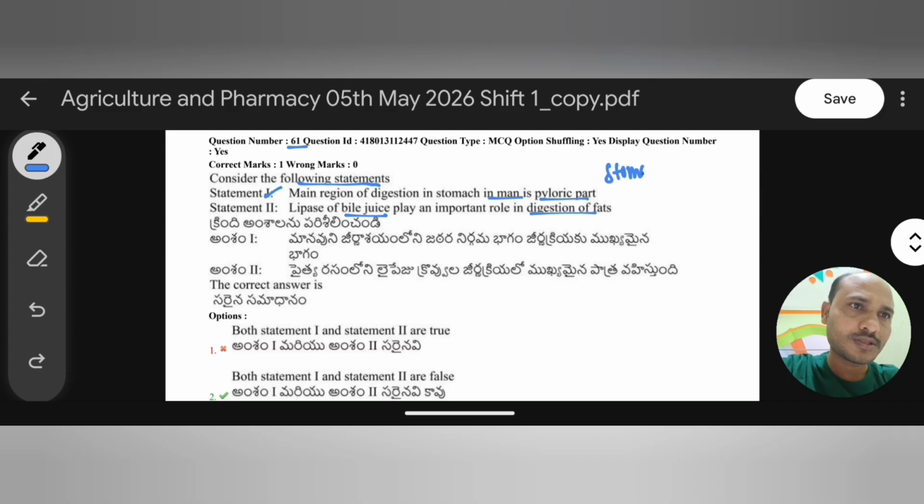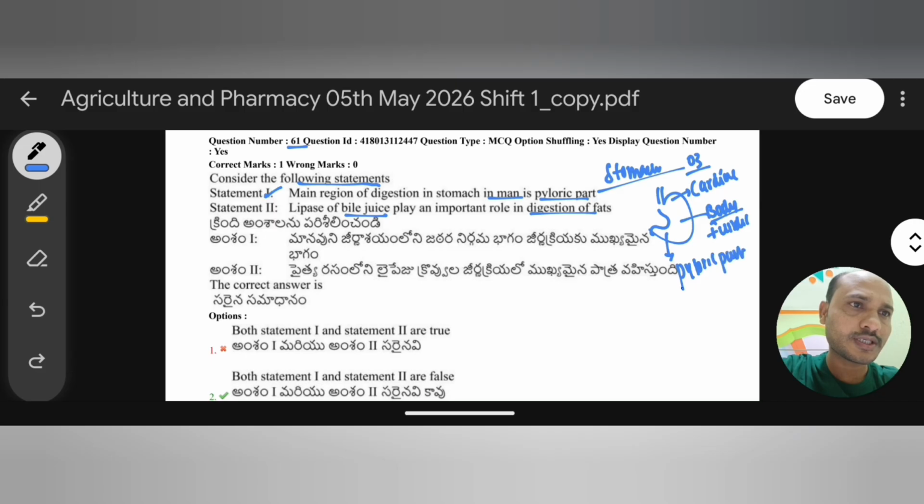Here, the stomach. Generally the stomach has three important regions. First we have the cardiac region, the cardiac part of the stomach, and the main body of the stomach. This body is called the fundic body, the fundic region, and here we have the pyloric part.